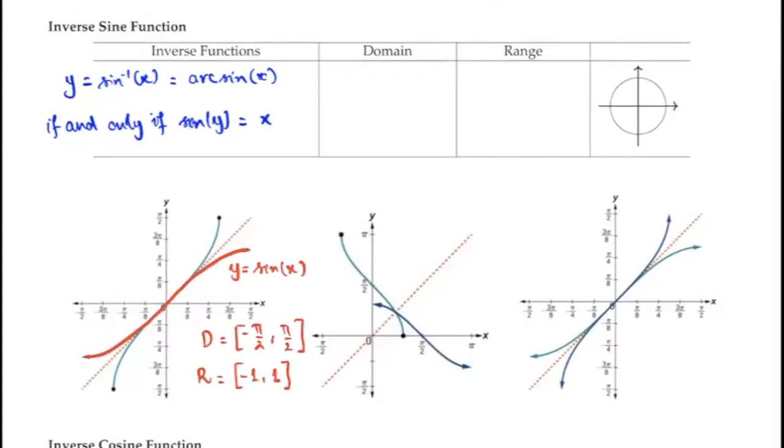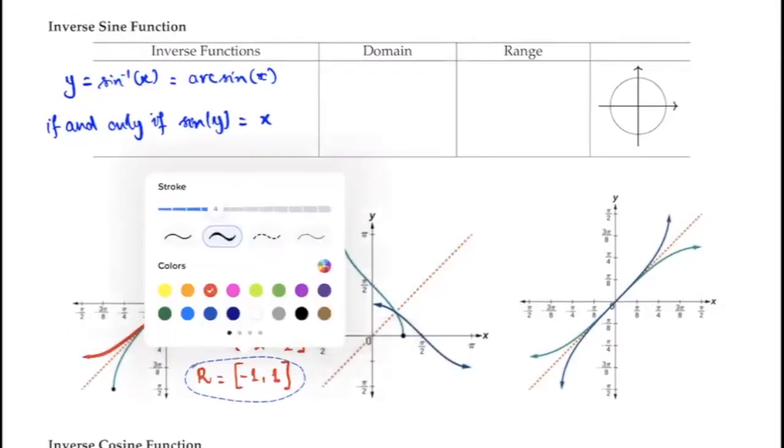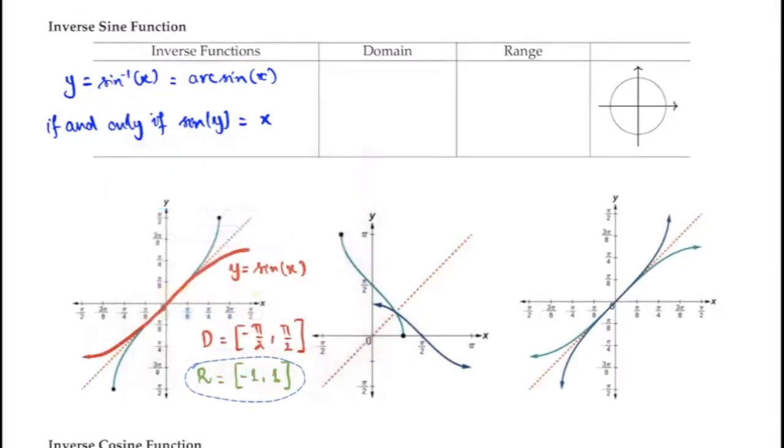So let me change the color here to green. Okay. So the original function is the sine function. The domain is between negative pi over 2 and pi over 2. The range is between negative 1 and 1. So when you go to the inverse function, the range becomes the domain and the domain becomes the range.